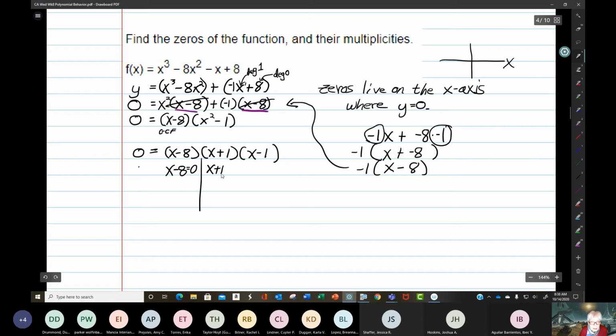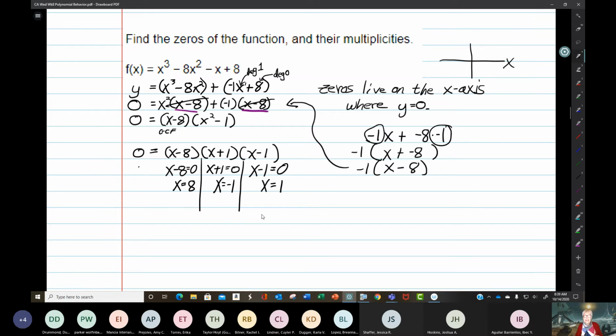X plus 1 equals 0. X minus 1 equals 0. And then you solve. I add 8 to both sides, so I get x equals 8. I subtract 1 from both sides, so I get x equals -1. I add 1 to both sides, so I get x equals 1.